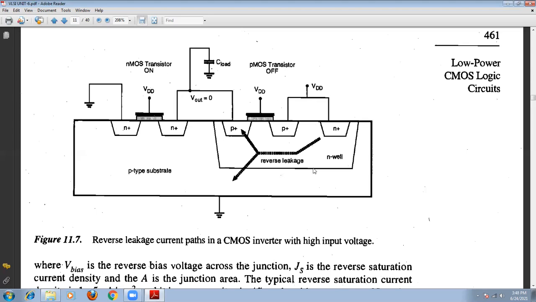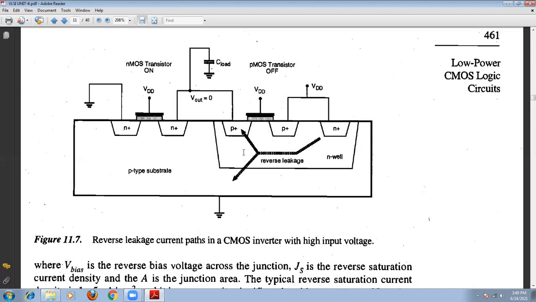We are going to use the N-well structure to design this CMOS inverter. Assuming this transistor is on, depending upon the input transition, this transistor is on and this transistor is off. That indicates that the drain of this transistor is reverse biased. So there exists a current because of the drain and the bulk in this case.